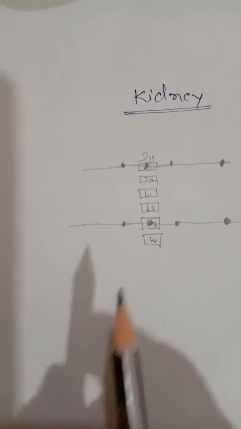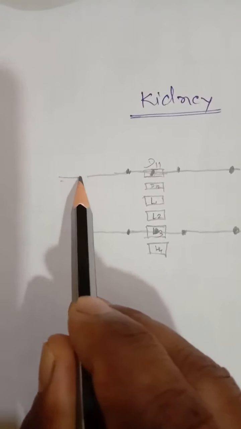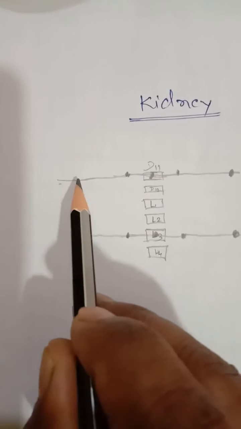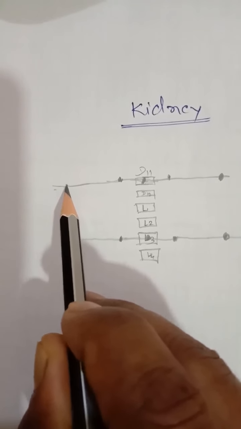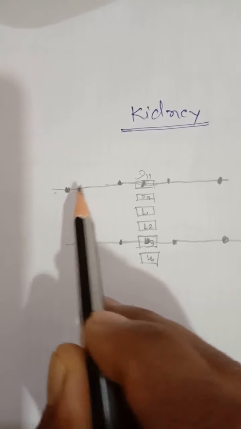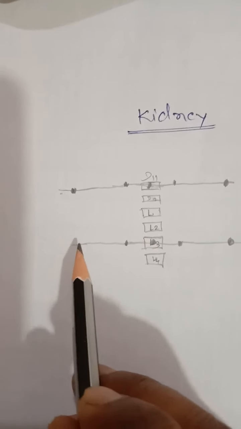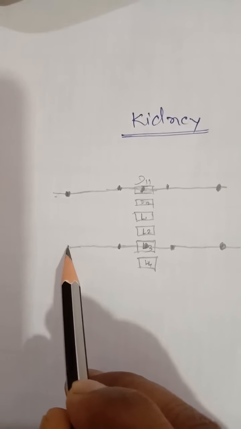The same measurement should be taken on the right side, that is the 9.5 centimeter from the D11 vertebra. So that should be approximately here, and the same 9.5 centimeter should be taken on the right side at the L3 vertebra. So here.